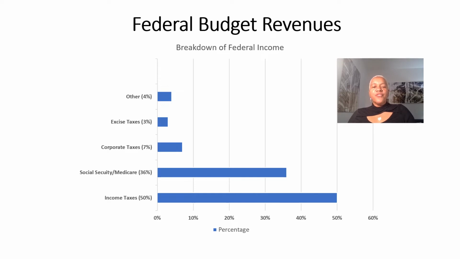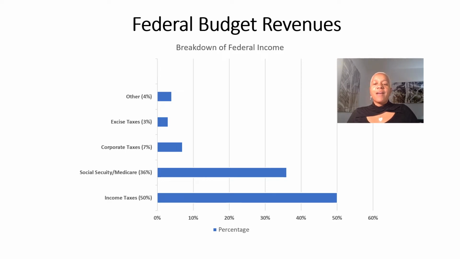So even if you can't see the percentages, what you'll see here when you ask, well, how does the federal government make money? You will see that the two primary ways in which the federal government makes money is through individual income tax, which accounts for 50% of the money taken in, and Social Security / Medicaid.